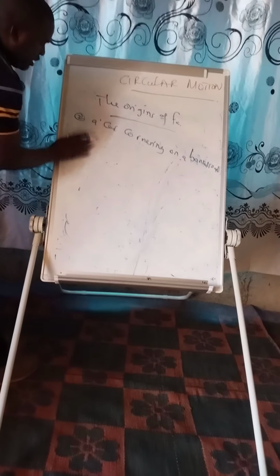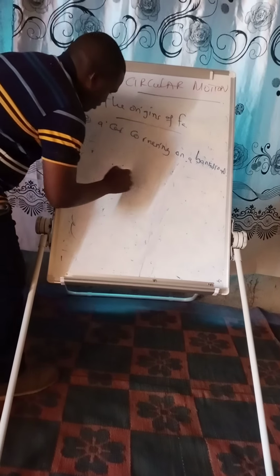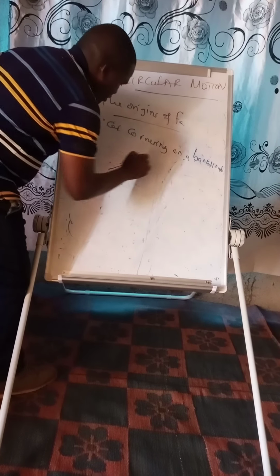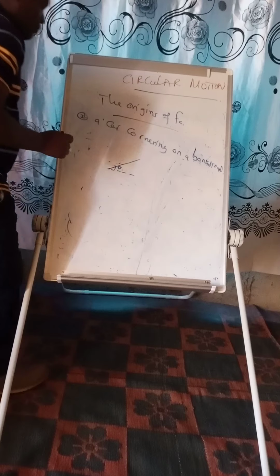So now our road here is not level. So it's like this. So we say that it's inclined at a certain angle.